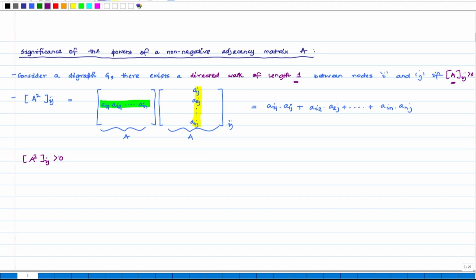What does it mean? These are all non-negative numbers, so it means that at least one of the terms is not equal to 0. Now, let me write this in the form of a summation.